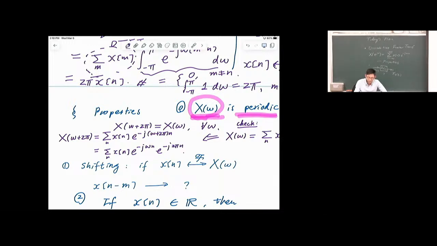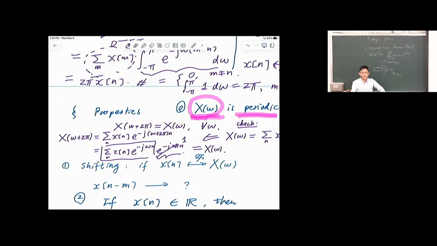And what is this? This is not just 1. n is an integer. e to the minus j 2 pi n, with n being an integer, is always 1. And what is this? This is equal to X of omega.